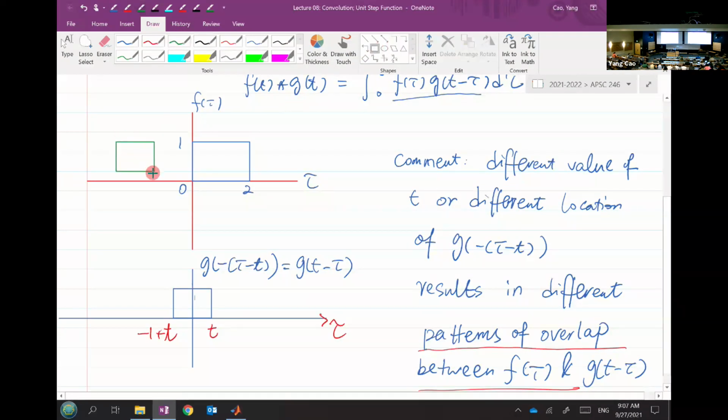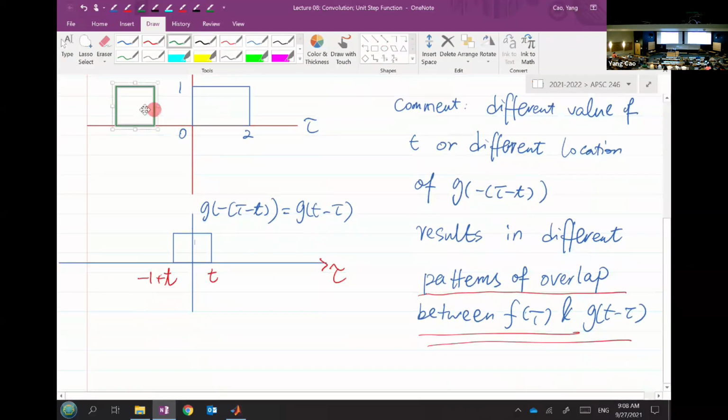So one type of overlap is this: this box is completely on the left side of this vertical axis here. This green one is one pattern because obviously under this pattern there's no overlap at all.